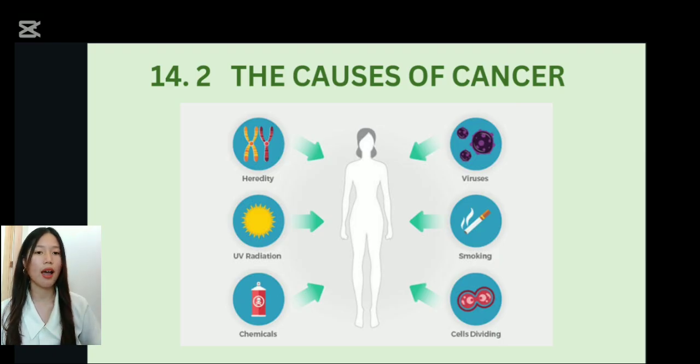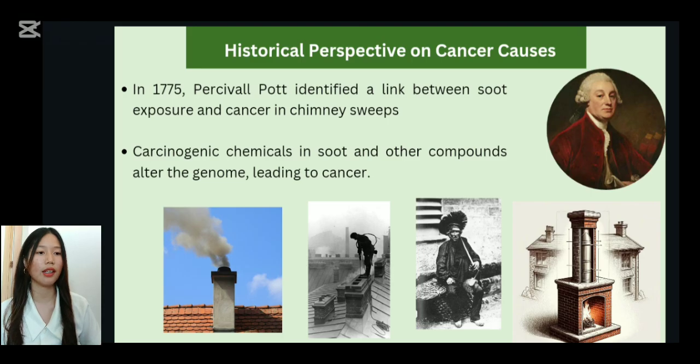So, let's first tackle the historical perspective on cancer causes. So, in 1775, si Percival Pott ay na-observe niya and na-identify niya yung mga chimney sweeps, which is expose sila sa mga soot, a kind of black powdery material galing sa mga materials tulad ng woods, coal, fuel na nasunog and naging abo, and also nagpo-produce din ng usok.